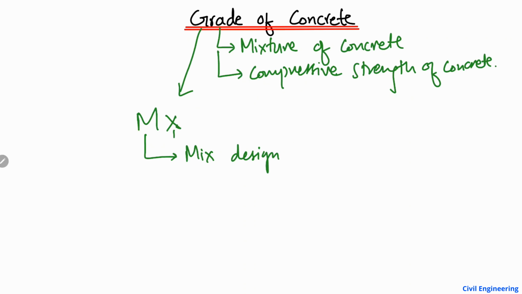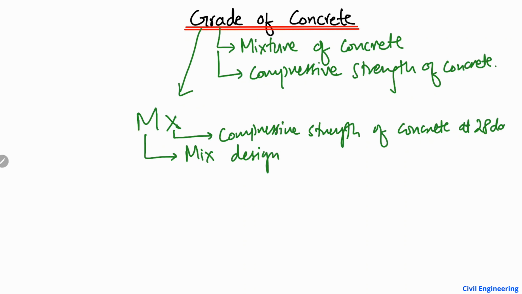And this X value represents the compressive strength of concrete after curing and testing it at 28 days. Keep in mind that this is 28 days, not 7, 14 or 20 days, but 28 days.